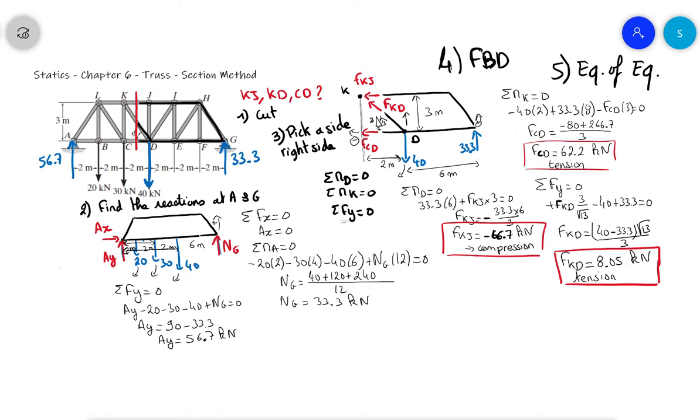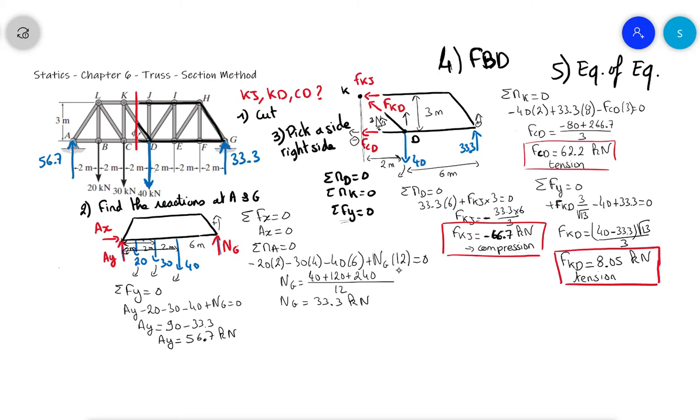Okay, so let's go back on our steps. First step, we look at the truss, we determine where we will cut, and when we cut either the left side or the right side, they both have unknowns that are the reaction forces. So we need to do the free body diagrams to find the reaction forces at A and G first.